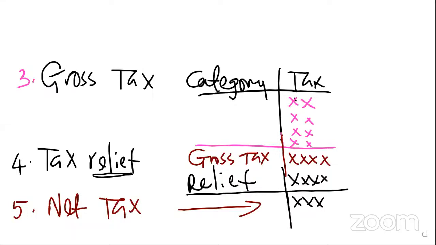Just the way you talk of the word relief, if you're under pressure and you relieve yourself, you say, I feel relieved. So we are looking at this tax as kind of some pressure. So once we say you are relieved, some of the tax is reduced. And once it is reduced, you pay a lesser amount. And therefore, that amount of money that is removed from your gross tax is what we call the tax relief.